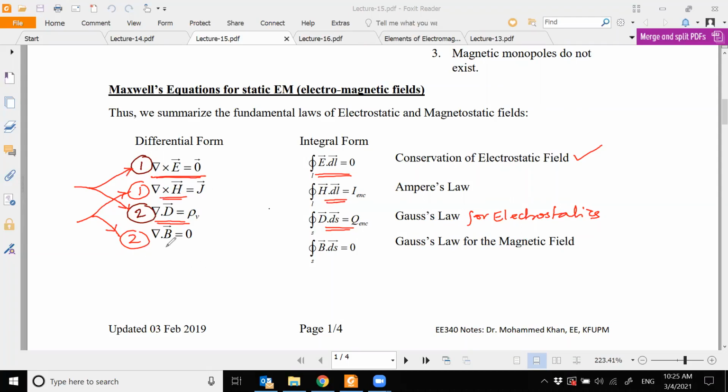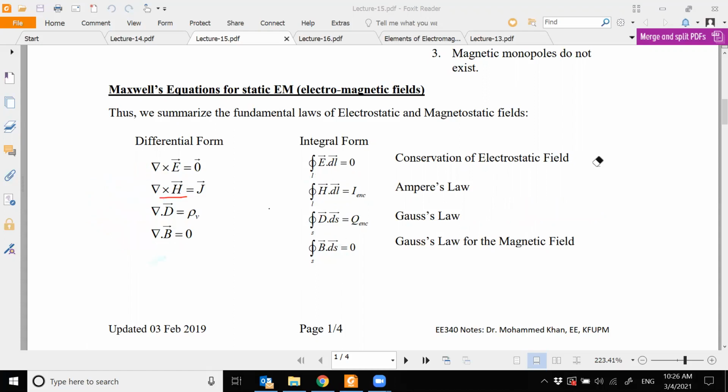And Gauss's law for the magnetic field: del dot B bar is equal to 0, or closed surface integral of B bar dot ds bar is equal to 0. And remember, you can use these laws to assure that your vector field is an electric vector field or a magnetic vector field. This is important because these laws have to be satisfied by them.